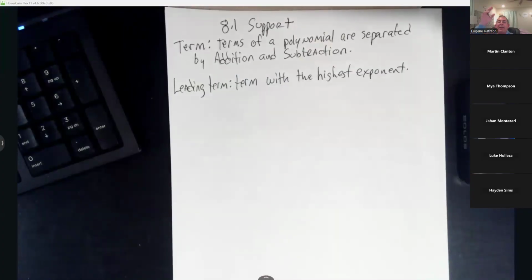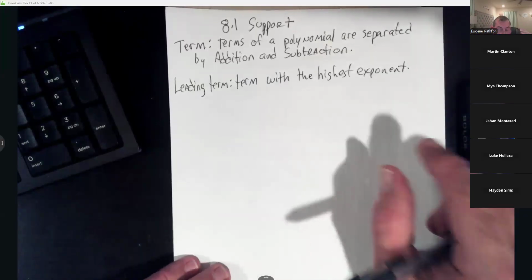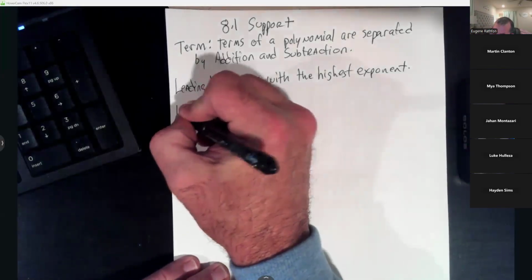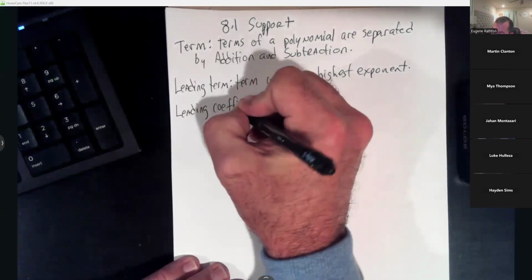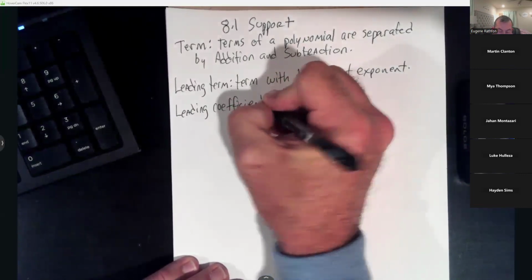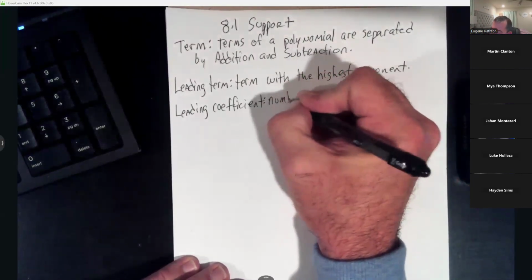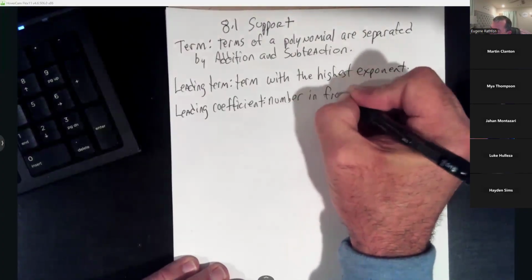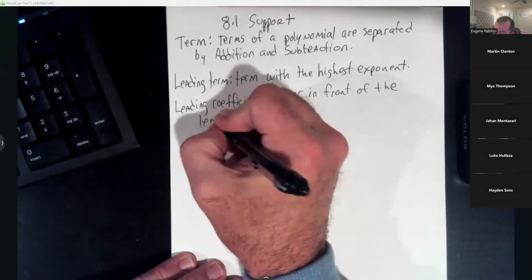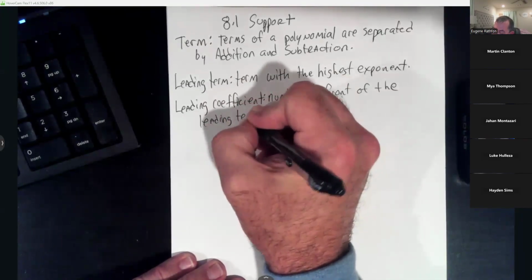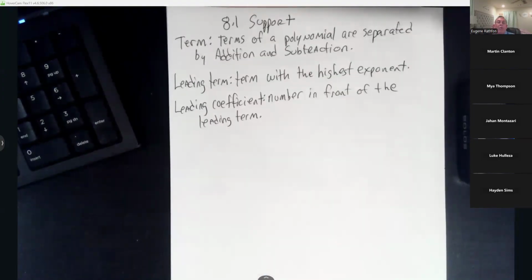Just when we were looking at that end behavior chart, right? We were finding our leading term, which was the one with the highest exponent. The leading coefficient is the number in front of the leading term. So on that chart a while ago, those were the numbers I was using to see if it was going to be positive or negative, okay?